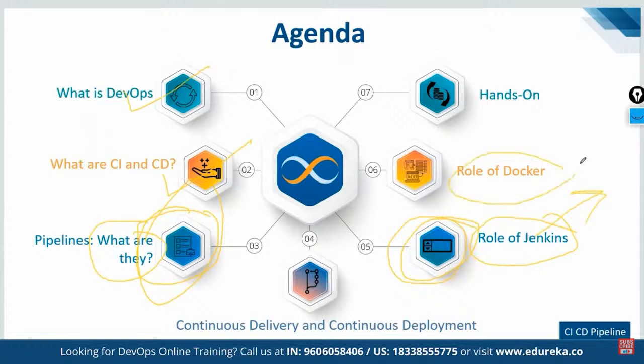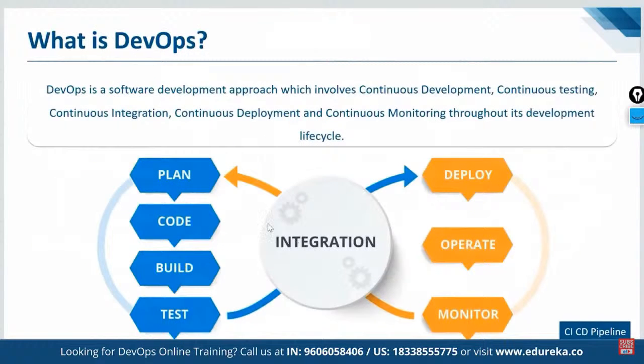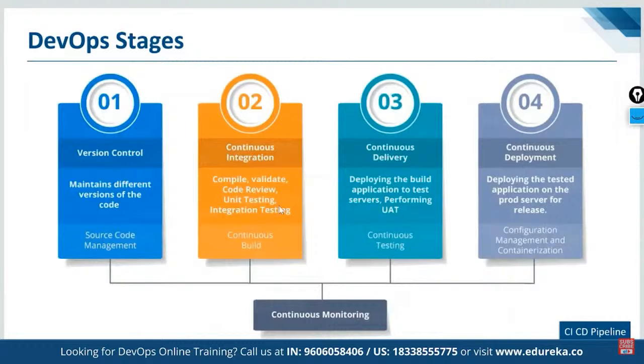Now, what is Docker? Docker is a mechanism to containerize your environment. When you talk about the integration, you can integrate planning, coding, building, testing, deploy, operate, and monitor everything as part of a pipeline. And when you go to DevOps, your stages are continuous integration, delivery, deployment, and it starts from the version control system. You've seen that your continuous integration pipeline has to be started from the version control system.